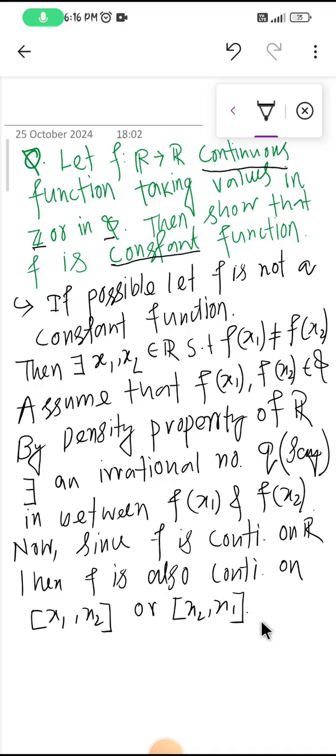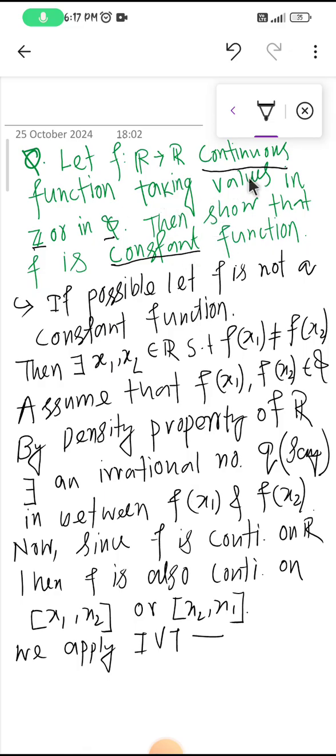Now we apply the intermediate value theorem, IVT.